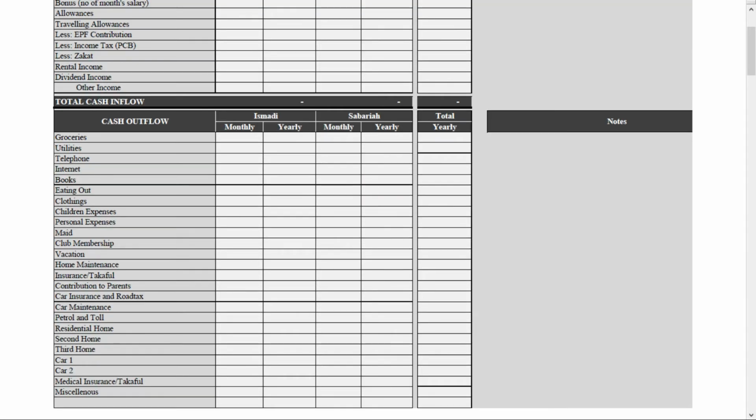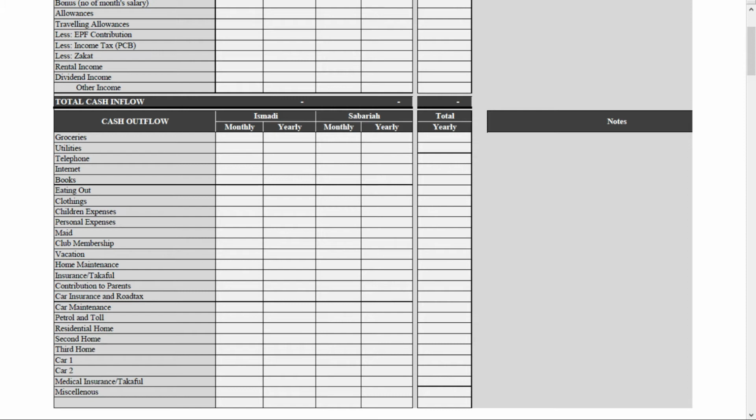Cash outflow or expenses are those expenditures incurred during that year. These include the list of expenses listed in the table as given in the case, as well as those mentioned in the paragraph, and also the monthly installment of home mortgages and car financing.